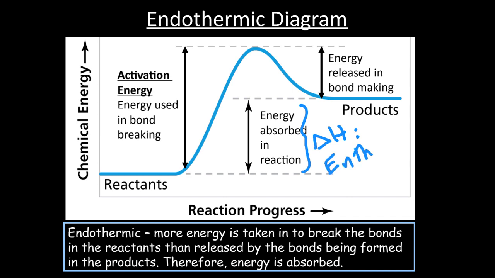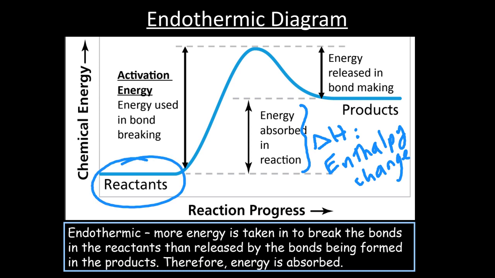So enthalpy is heat. Enthalpy change is the change in heat before and after. In this case, we have the reactants and the product. You see the products have more energy than the reactants. Delta H is defined as H of products minus H of reactants.